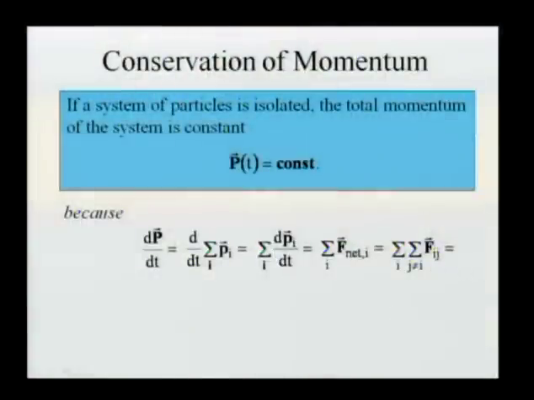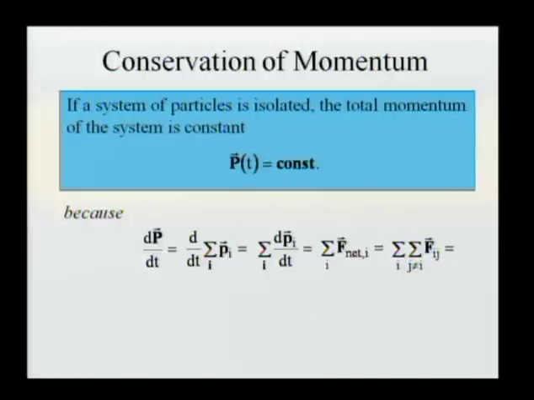So actually, I have now to calculate through all possible indices between 1 and 5, excluding situations when indices are identical. Correct? Now, it means that if I have a combination of indices 1, 3, I will have also a combination 3, 1, right? Because it can be that i is 1 and j is 3, and then when I continue, I will find a situation in which i is 3 and j is 1.